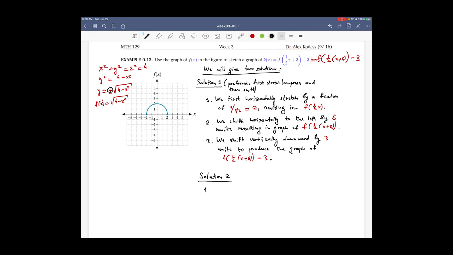So the first step is we shift horizontally to the left by 3 units, to obtain the graph of f of x plus 3.